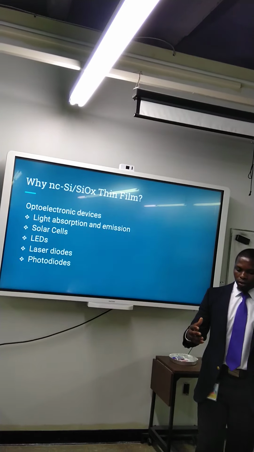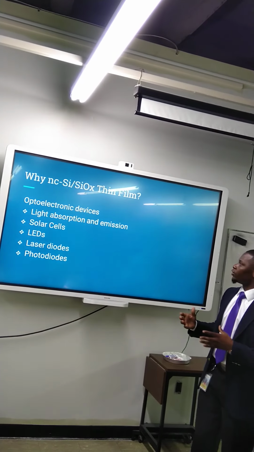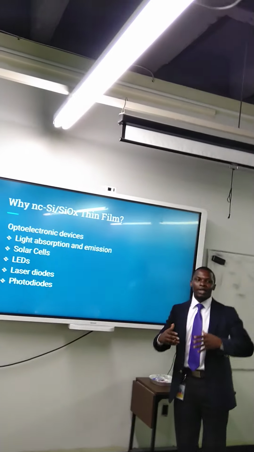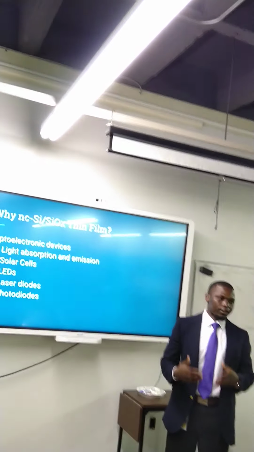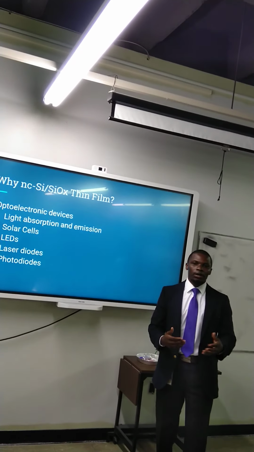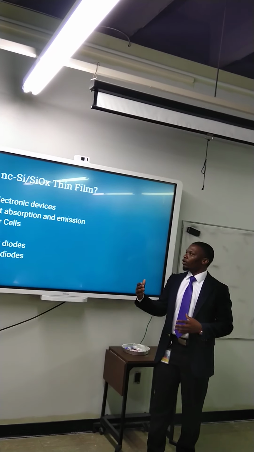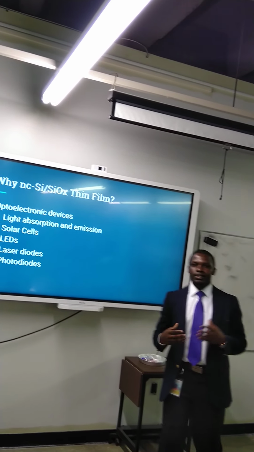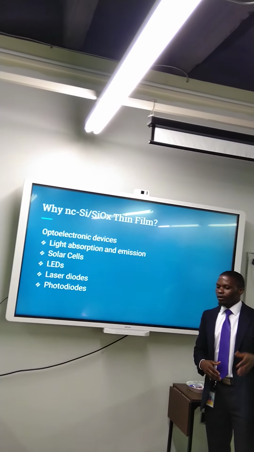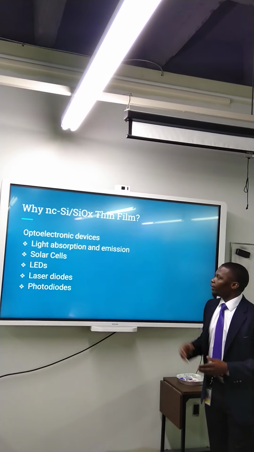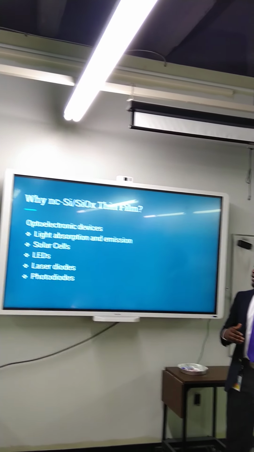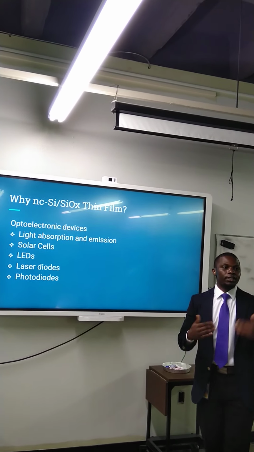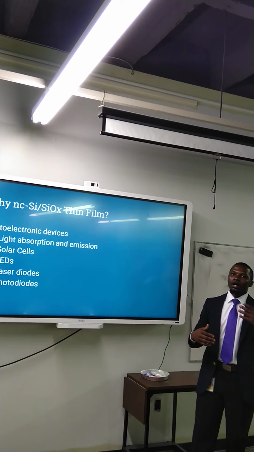One of the greatest things about nanocrystals is that they are applied in so many devices that we use on a daily basis, like our computers and our phones. You have these devices as a result of nanocrystal silicon in them. It has good light absorption and emission, which leads to the next point.